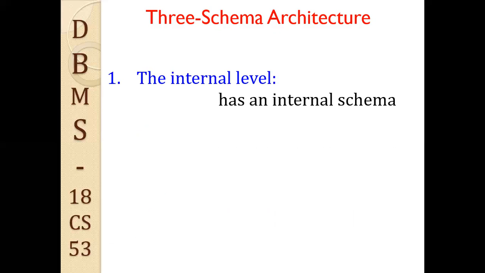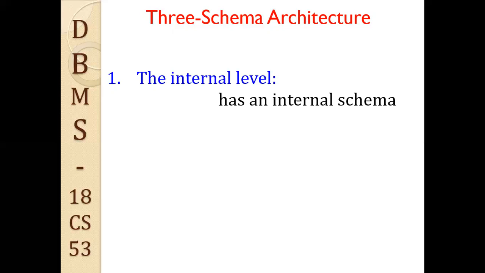It uses a physical data model, and it describes the complete details of the data storage, like what is the name of the data object, how many records are available in the data objects, what is the name of a table, how many fields are available, what is the data type of each field, and which type of constraints are given for each field. That is, the complete storage structure of a data item is specified in the internal level. So it is called an internal schema.